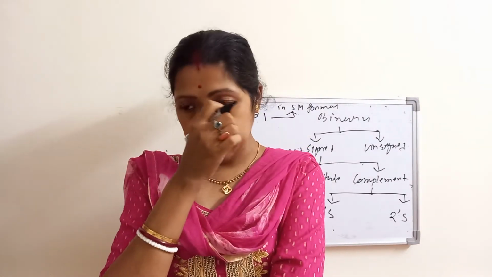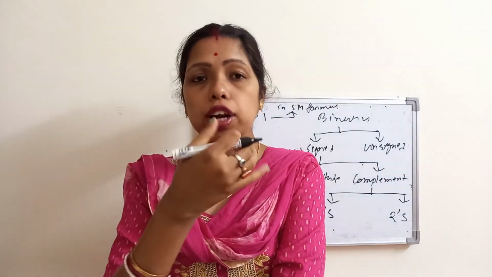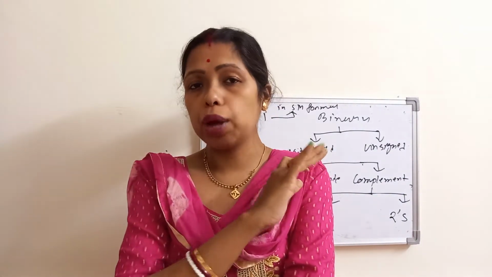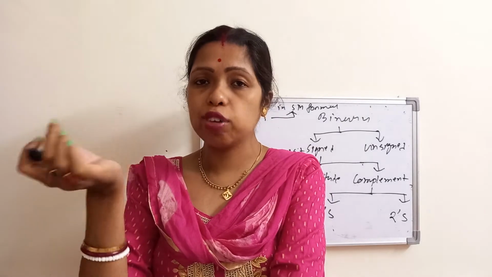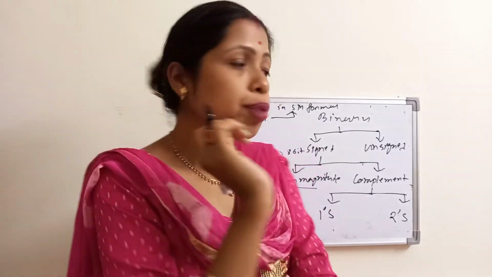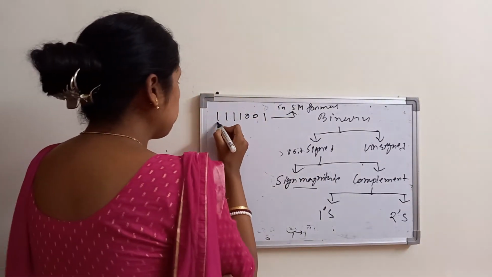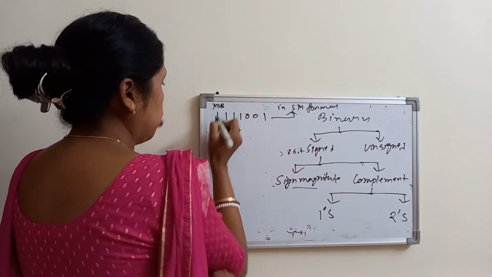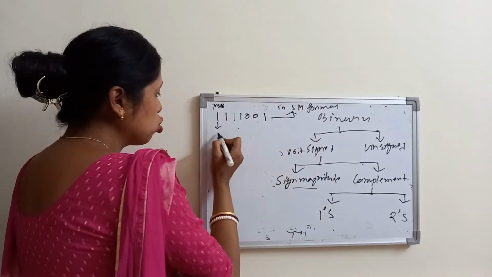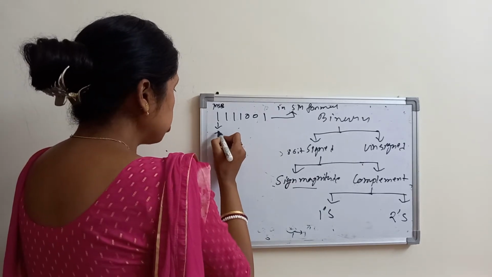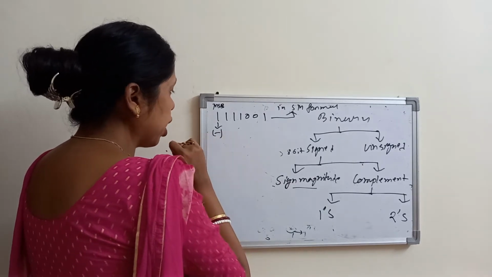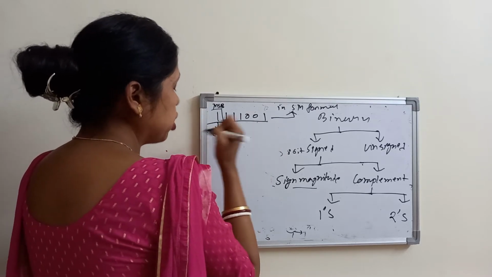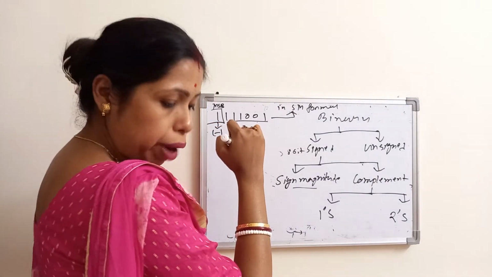If the MSB is 0 or 1, accordingly I have to put plus or minus. For getting the magnitude, I have to remove the MSB and the rest of the number should be converted into decimal. Here you can see the MSB is 1, so that means it gives a negative number. So I have to remove the MSB and the rest of the number should be converted.